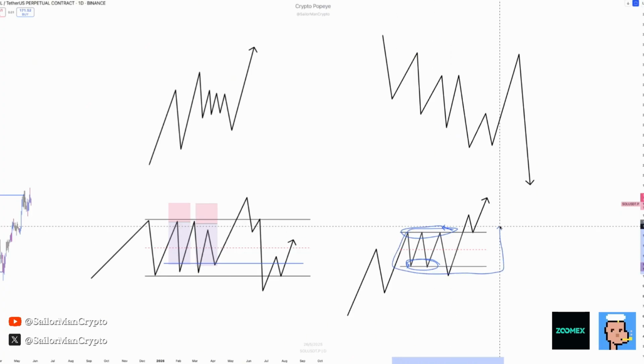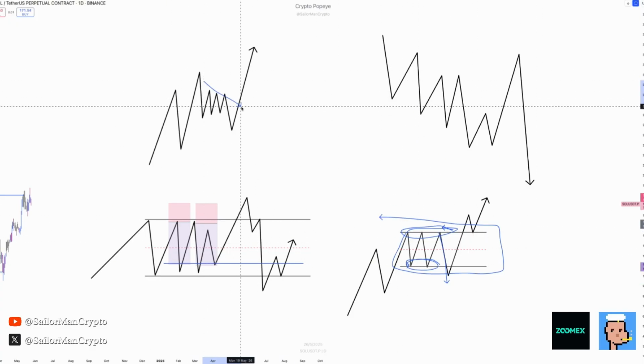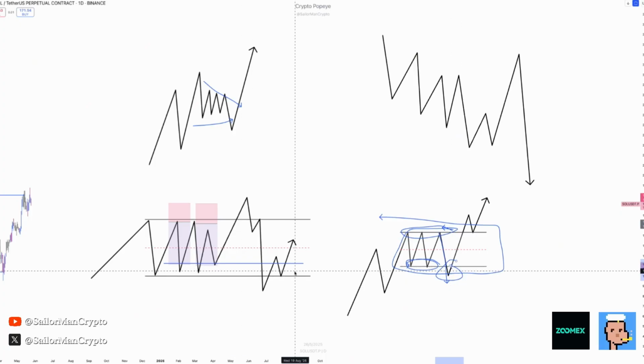In this case, this range is not really neutral because we are in an uptrend, but to move higher we have to take out some lows. So it's similar to this concept, but more a ranging environment rather than a triangle like this or a more downtrend like this. Once this is taken out, in the same concept that we have here, the price moves higher.